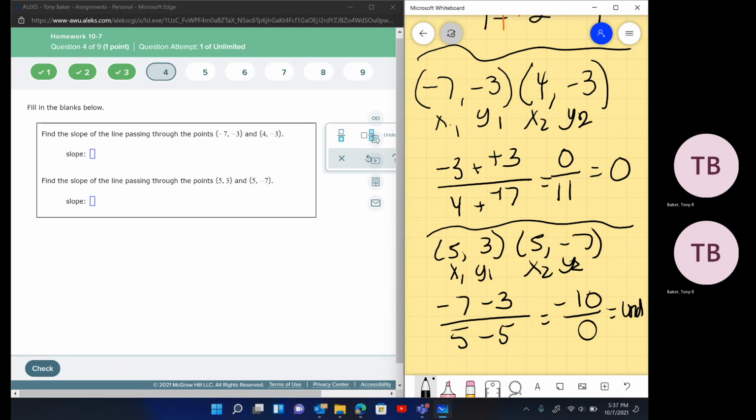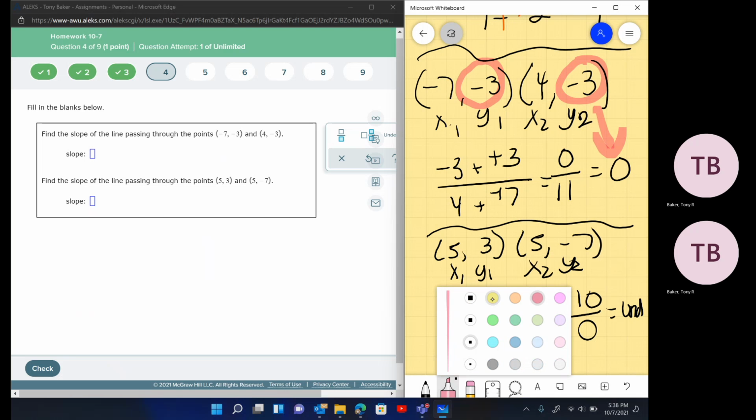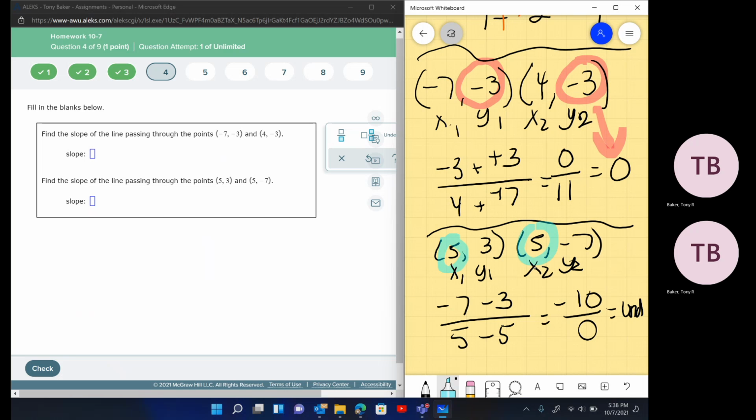So you can do it that way, it works. The key piece here is, if my y's are the same, it's 0. If my x's are the same, it's undefined. Because the x's are on the bottom, and when you subtract them, you get 0.